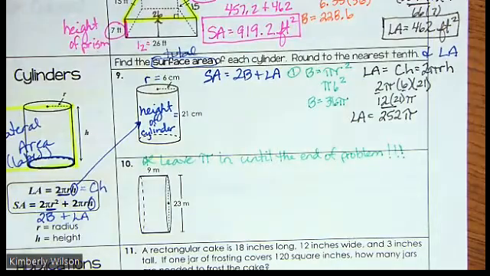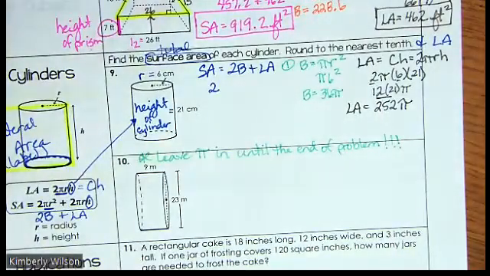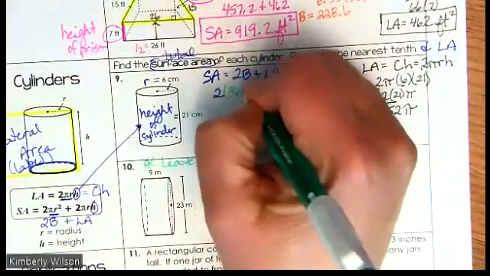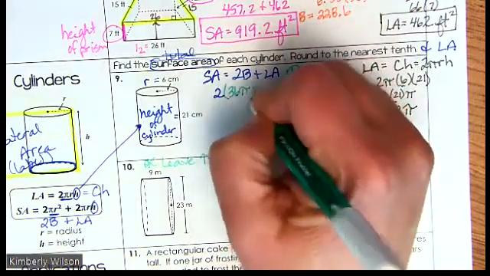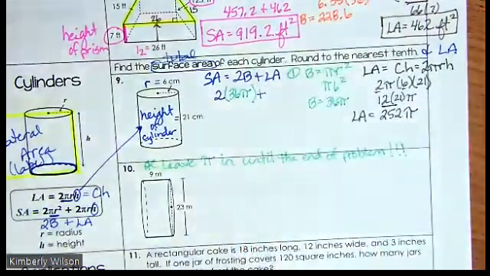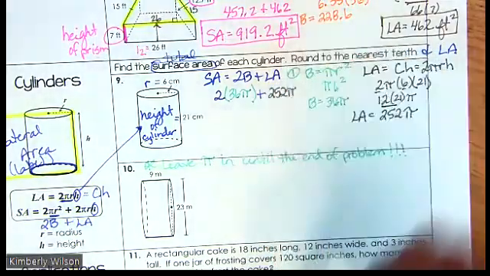Okay, so we plug in our information. So we have 2 times 36 pi plus 252 pi.